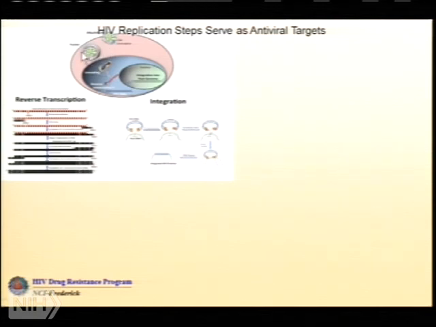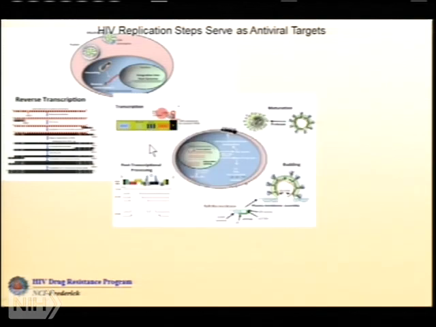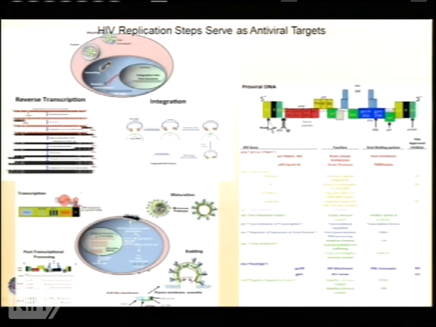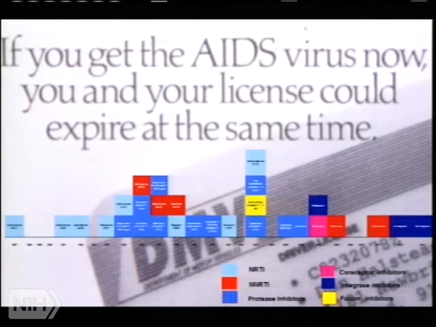all the steps in replication where there's an emphasis on the virus input over the cellular input: attachment, fusion, reverse transcription, integration, maturation, and developed a whole series of drugs, many of which are now FDA approved, but still identified a number of targets that new drug development can use.